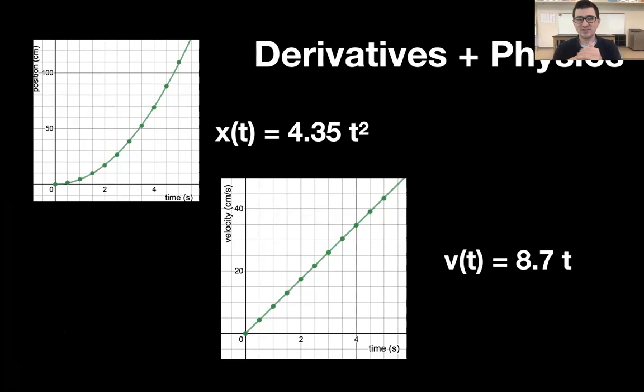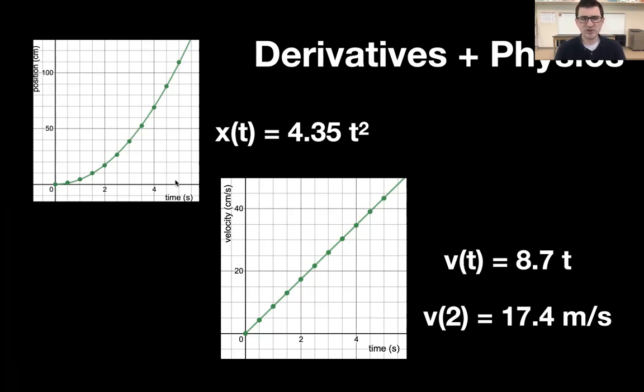So how do derivatives tie in with physics? We said earlier we had our position versus time graph, and we worked really hard to try to figure out what are all the values of the tangent slopes at a bunch of different times. So then we got this velocity versus time function. But let's just evaluate the velocity versus time function at 2. That tells me that the velocity of the object at 2 seconds is 17.4 meters per second.